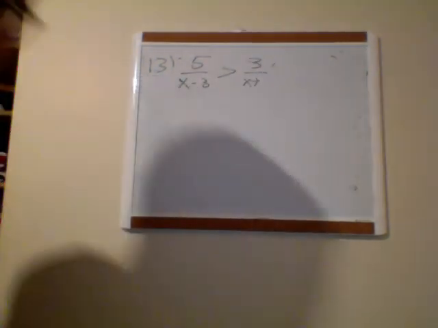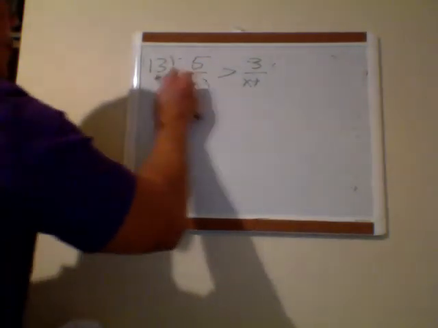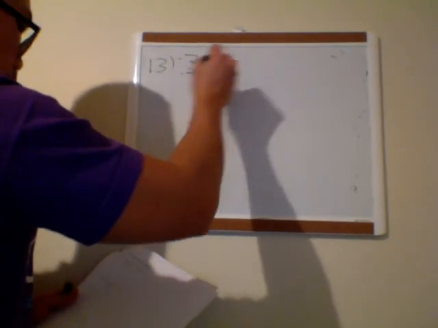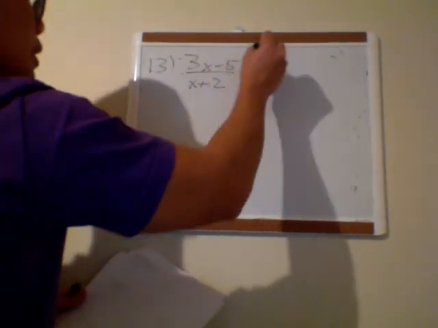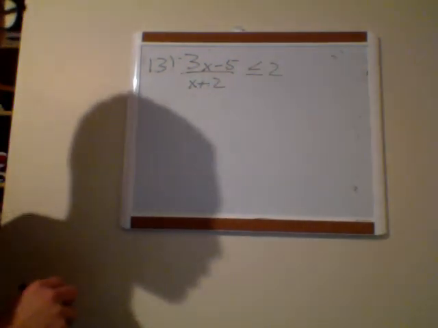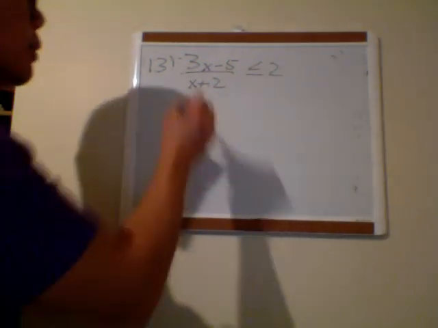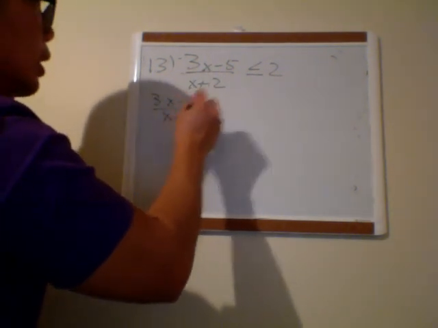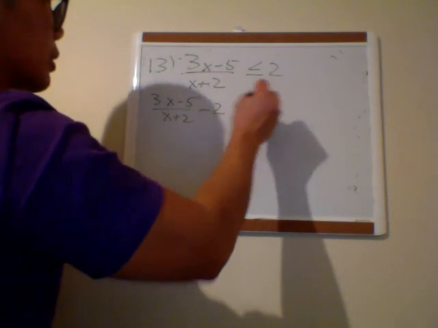Oh no, I was looking at the wrong one. So 13 is (3x minus 5) over (x plus 2) less than or equal to 2. I have to make it the inequality less than or equal to 0. So this is going to become (3x minus 5) over (x plus 2) minus 2 is less than or equal to 0.